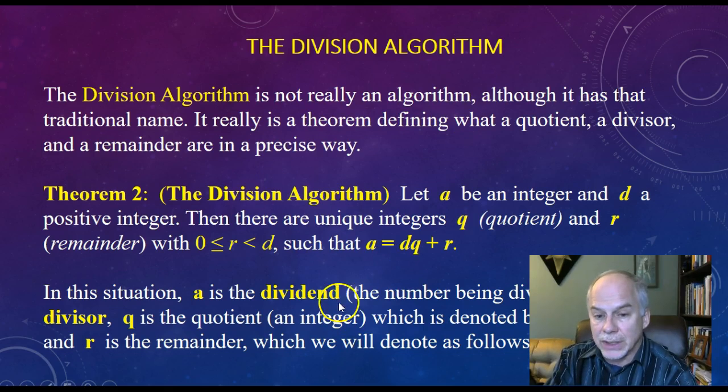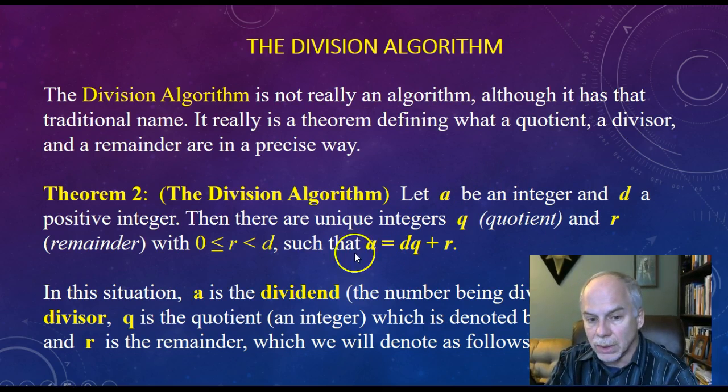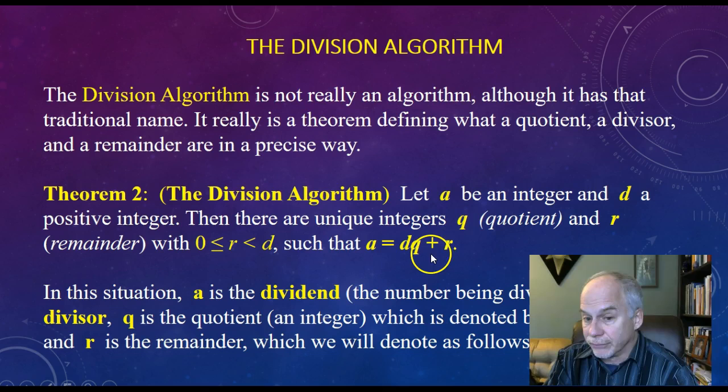So it should work in this equation that 23 equals 5 times 4, because the quotient was 4, plus the remainder, which is 3. And it does, because 5 times 4 is 20, plus the remainder 3 gives you the original 23, the number that you're dividing. So now you can't use d times 3 plus a remainder of 8.